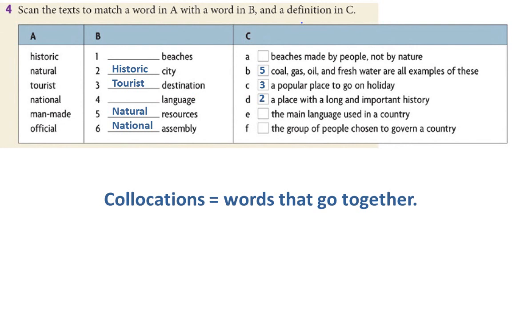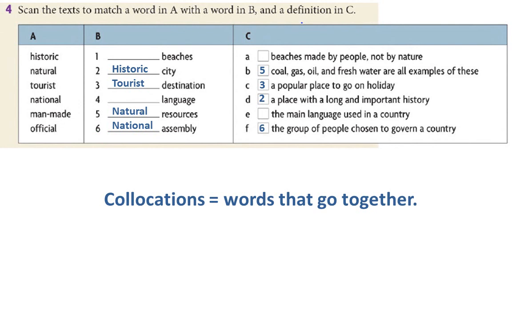National assembly, and its definition is not beaches again, and it is not language, it is the group of people choosing to govern a country, the parliament. So F matches with 6.